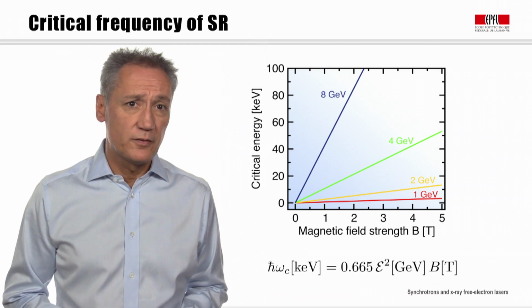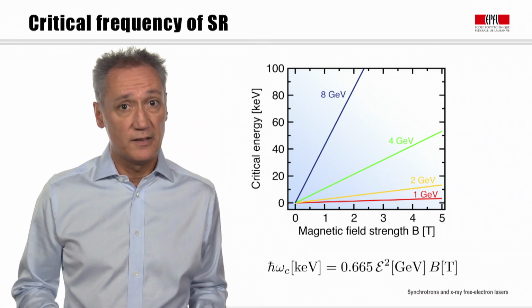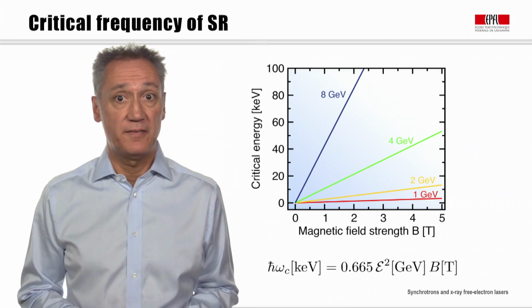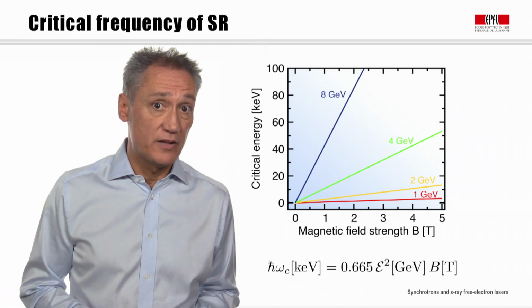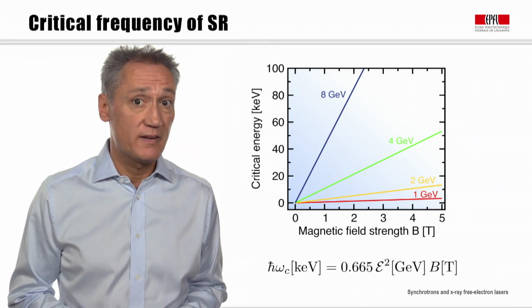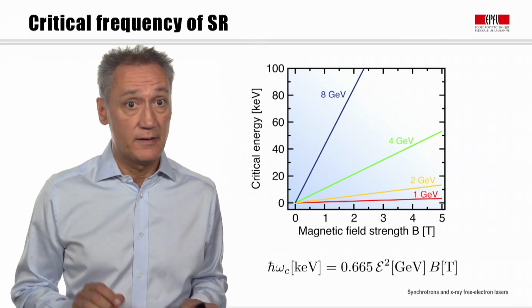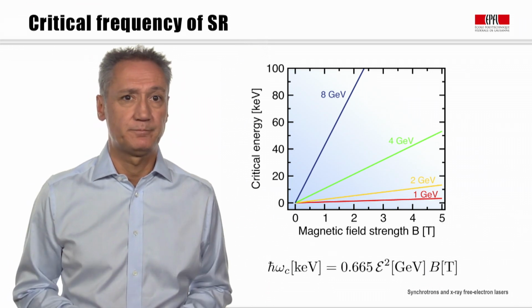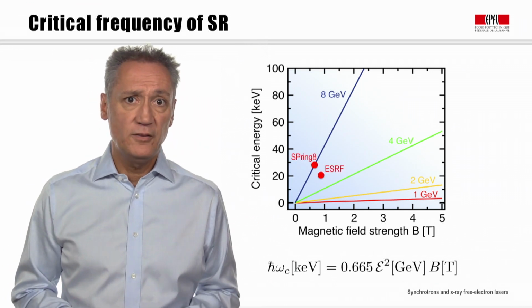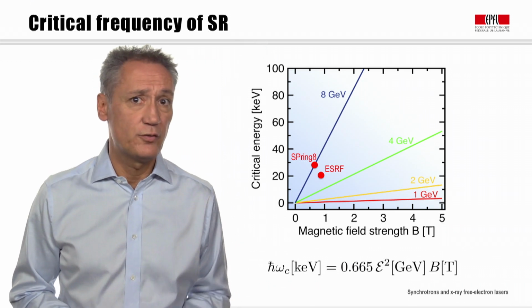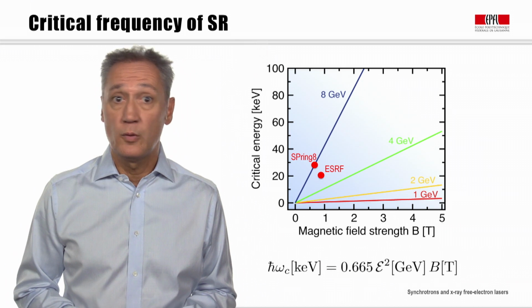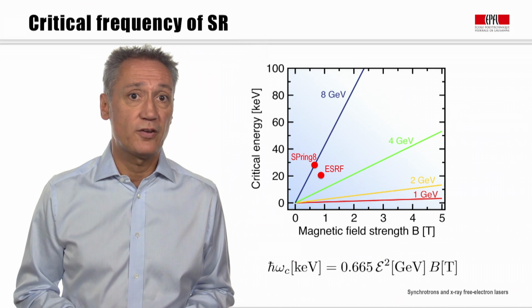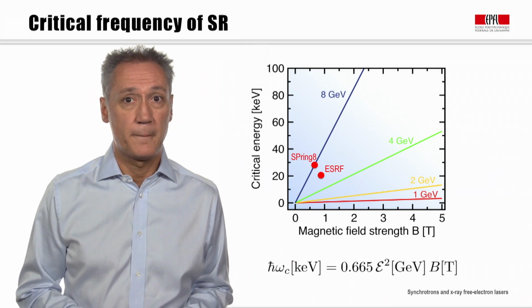For a given magnetic field strength, a bending magnet at SPring-8 will have a critical energy some 18 times greater than the same magnet at the ALS, as the ratio is simply the square of their storage ring energies, that is 8 gigaelectron volts divided by 1.9 gigaelectron volts, all squared. The red dots show the critical energy for two bending magnet beamlines at the two high-energy storage rings SPring-8, 8 gigaelectron volts, and the ESRF, 6 gigaelectron volts.